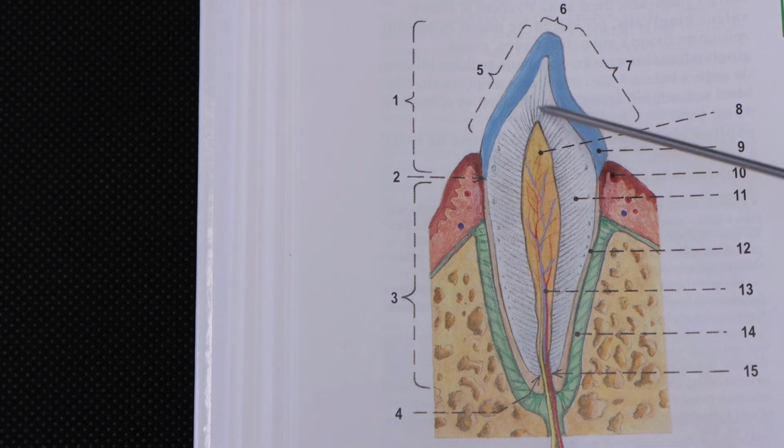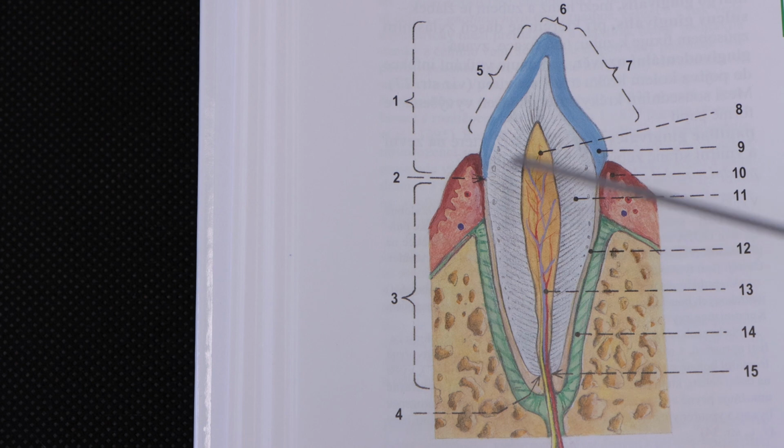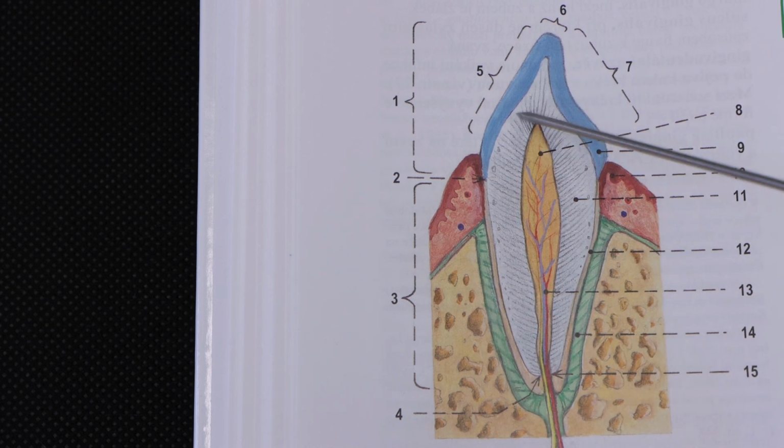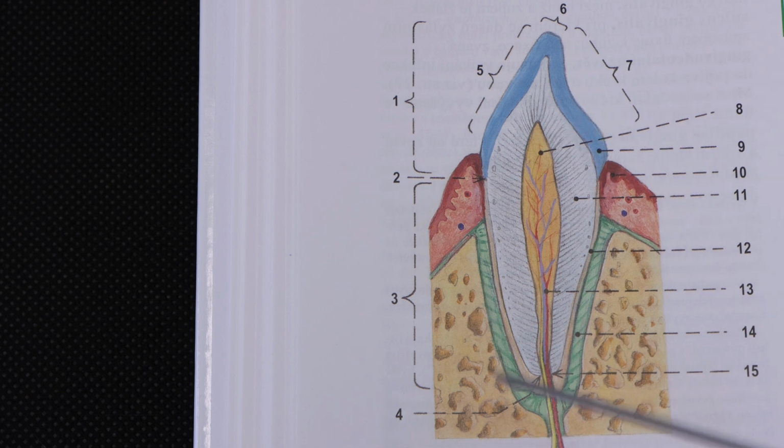Then the largest part of the material of the tooth is this part, which is called dentine. Dentine is a little bit toward the yellowish color.